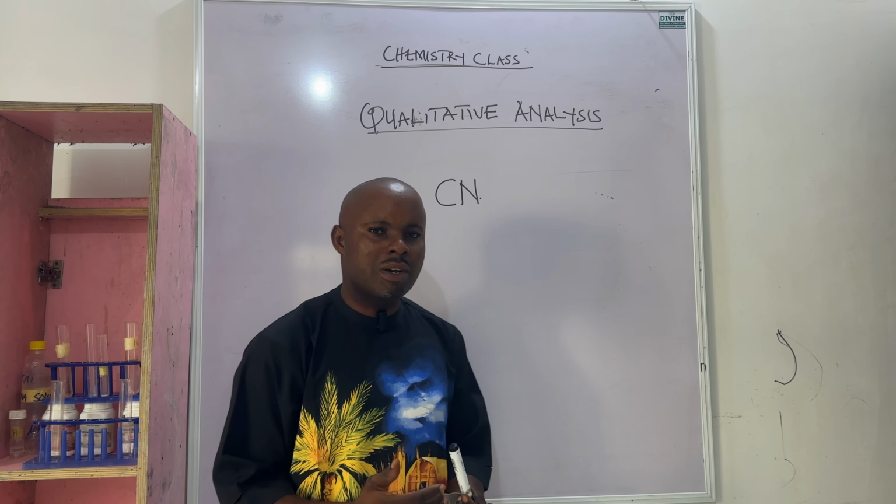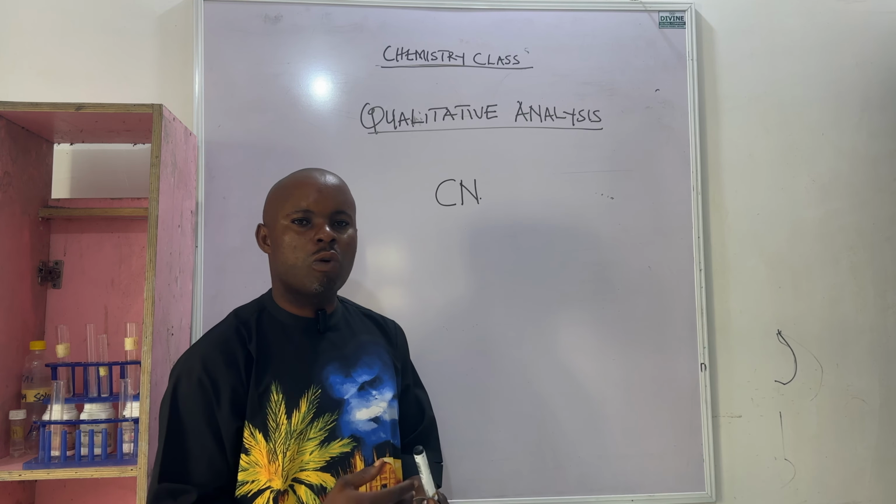I am going to talk more about the confirmatory test. Let's say the salt we are going to identify is sodium chloride. It has a negative and a positive ion. That is very clear, so I am going to move directly to the confirmatory test.